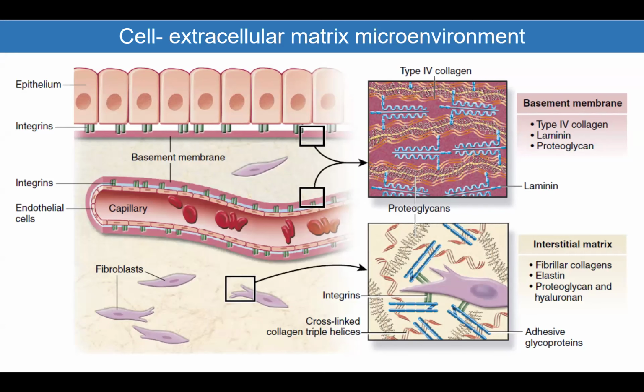But the magnitude of differentiation is different, meaning epithelial cells can only generate epithelial cells and probably some other cells under stress conditions. Endothelial cells will always be endothelial cells. Fibroblasts probably can differentiate into something else.